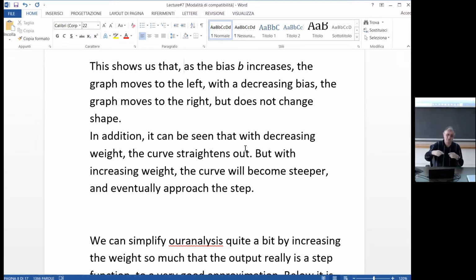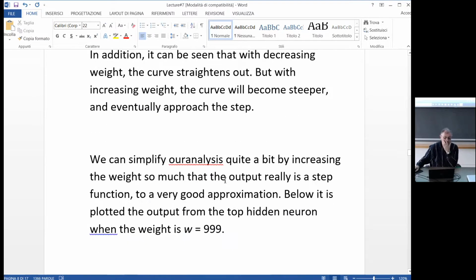So, passing to the weight, not the bias, it doesn't change the shape but only moves the graph right or left for the bias. But for the weight, when decreasing it, the curve straightens out, tending to a straight line, a linear function. But when we increase the weight, the curve becomes steeper, and eventually approaches a step function.